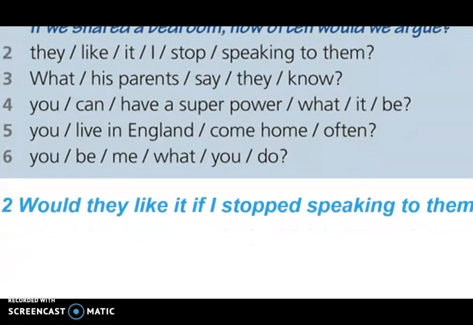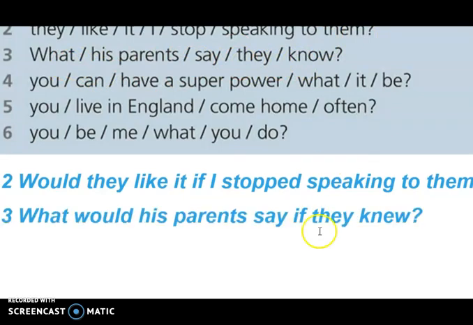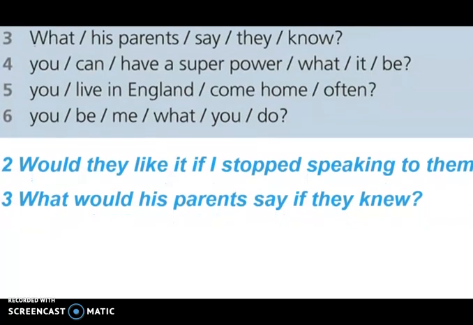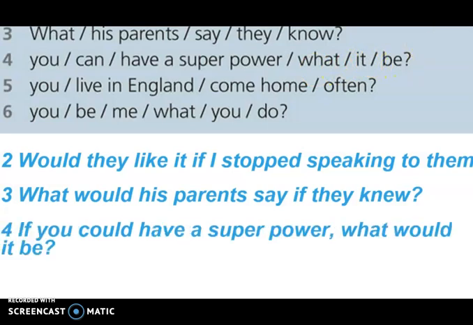What about number 3? What? His parents say they know. So what would his parents say if they knew? Next is you can have a superpower. What it be? So if you could have a superpower, what would it be?